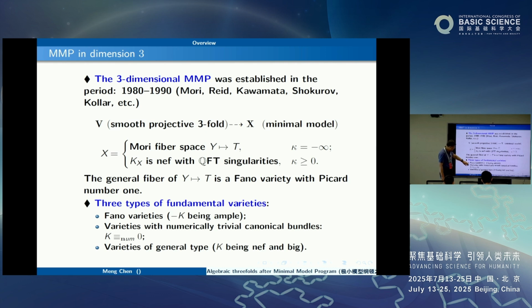The second type is those like Calabi-Yau, where the canonical divisor K_X is numerically equivalent to 0. And the other type is varieties of general type. That means on the minimal model, the canonical divisor K_X is nef and big. Here, for every minimal model, K_X doesn't need to be a line bundle. It's a Q-divisor. Okay.